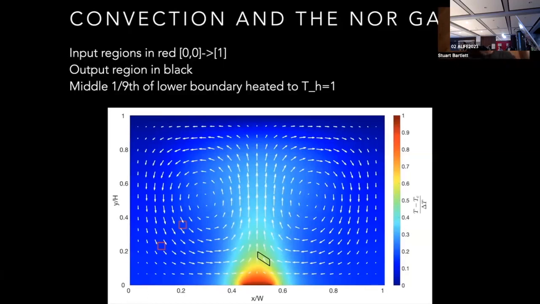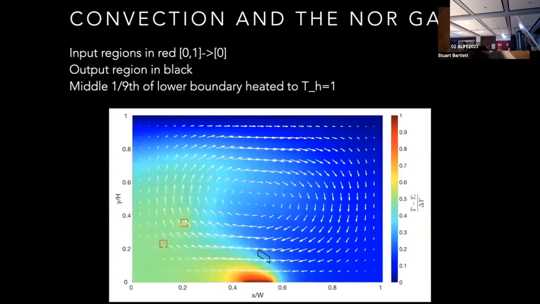So now we can ask, well, what happens if we apply an input to those two red regions? In this example, it looks like both of them are switched on, but I can assure you it is just one. With the input on the right switched on, there's a dimensionless temperature of 0.5 maintained in that little red square there.